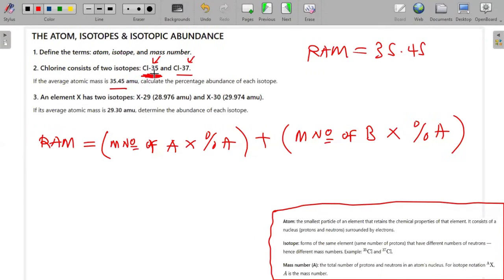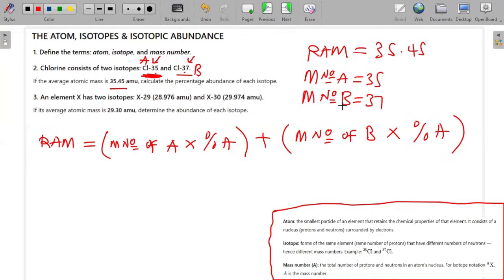So if I'm taking the 35 one as isotope A and the 37 one as isotope B, isotope A has the mass number 35 and isotope B has the mass number 37.